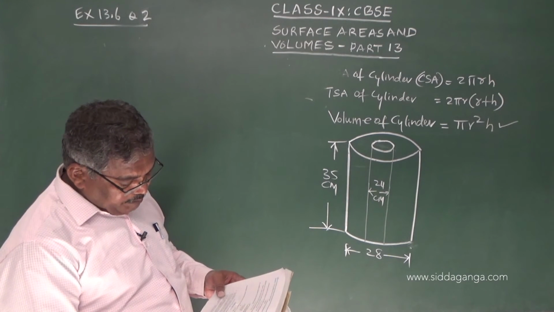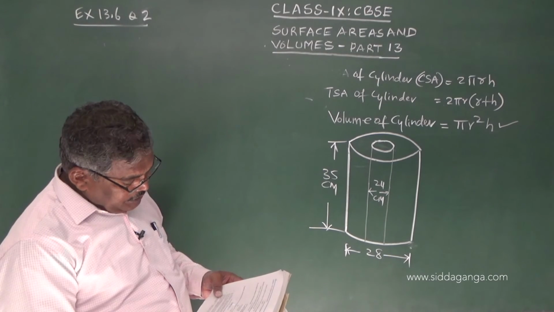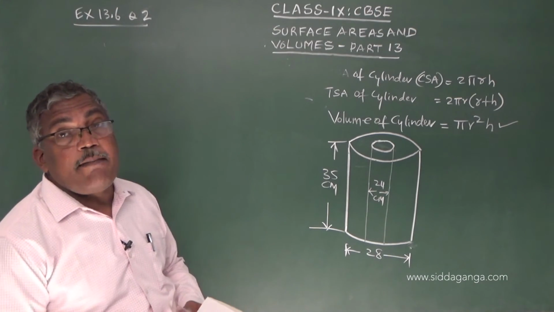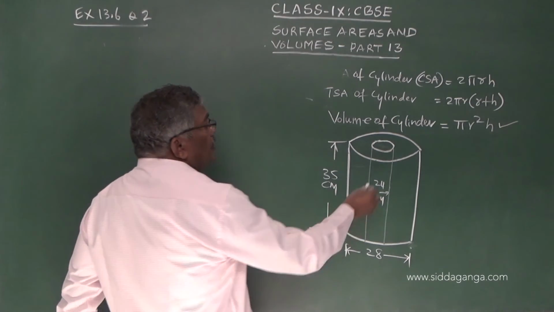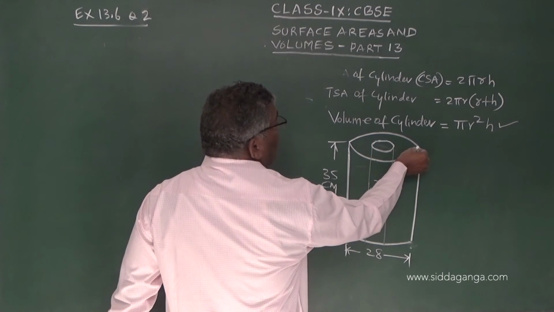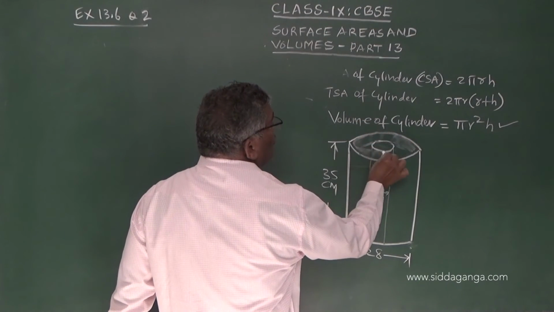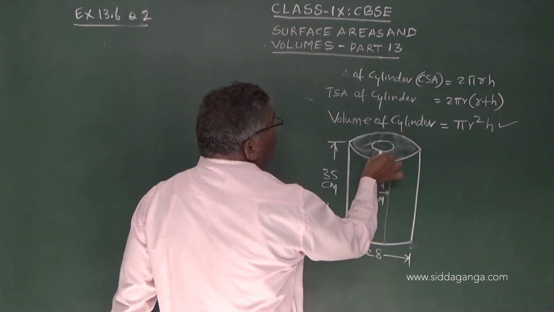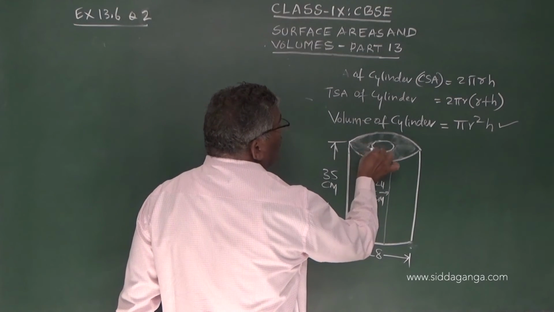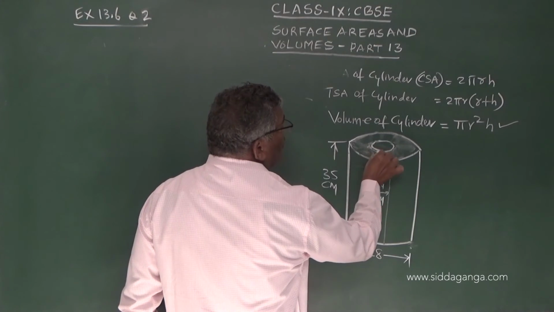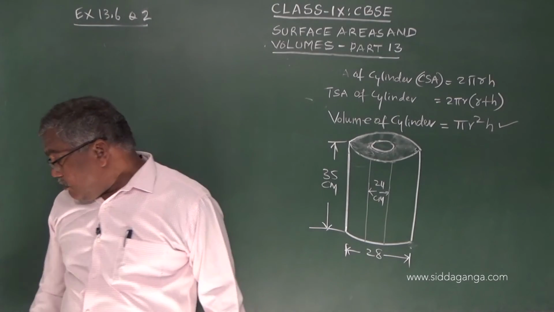Find the mass of the pipe, if 1 centimeter cube wood has mass of 0.6 grams. So here we have to calculate the mass of this solid portion. At the center it is hollow. So this is what we have to do.